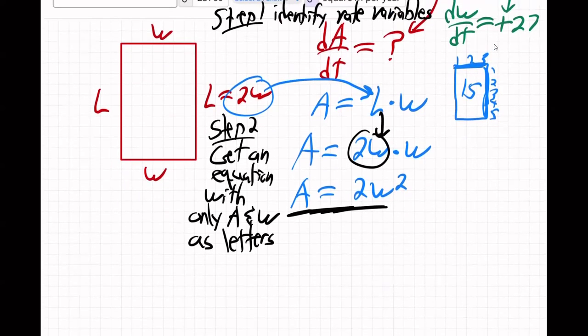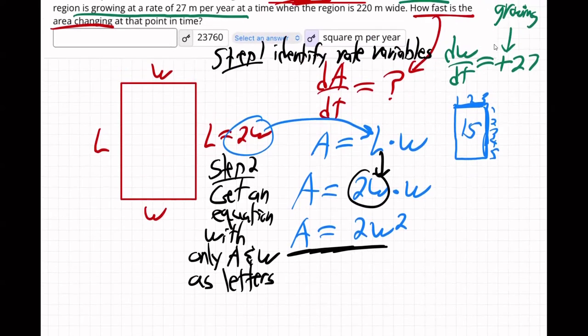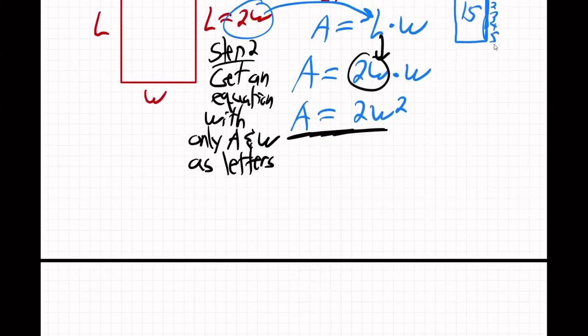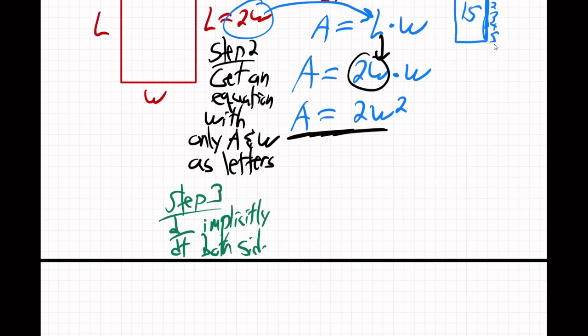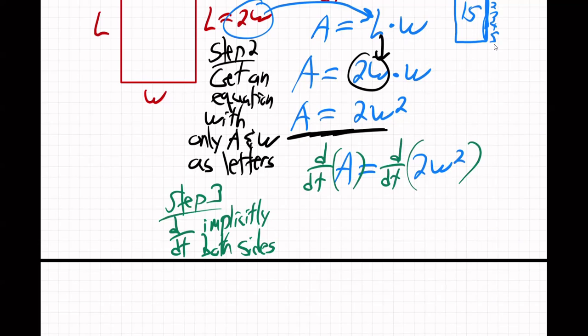And then step three, d/dt implicitly both sides. So you take that equation, which is A equals 2W squared, and we're going to d/dt the left side and d/dt the right side, both sides.